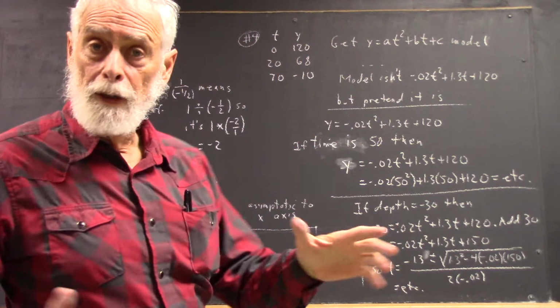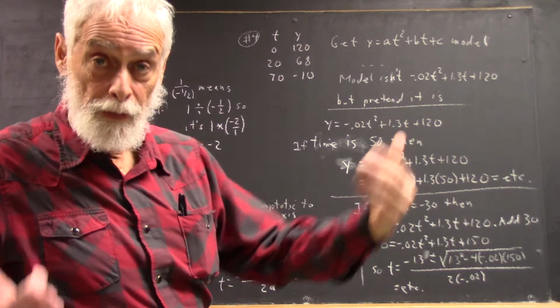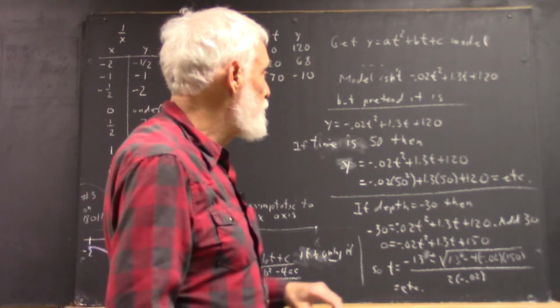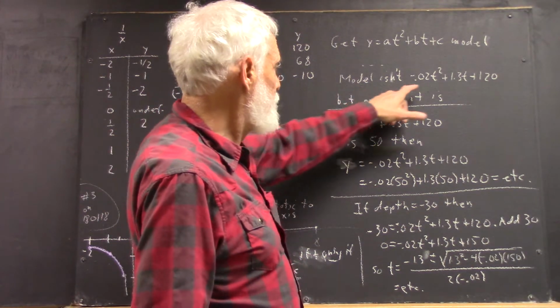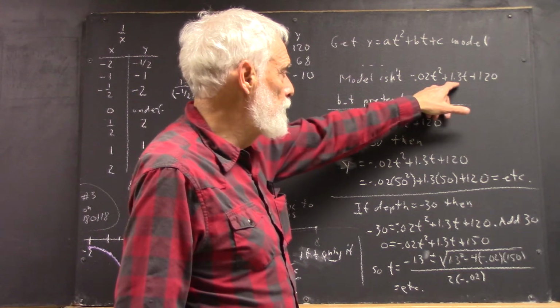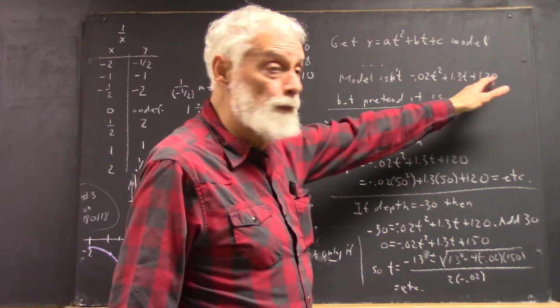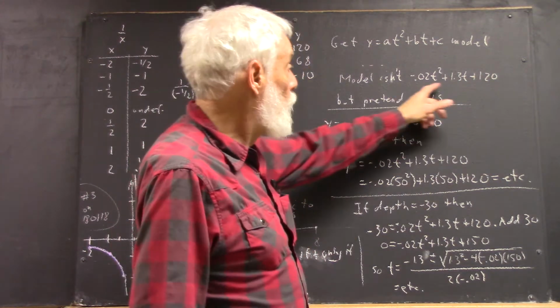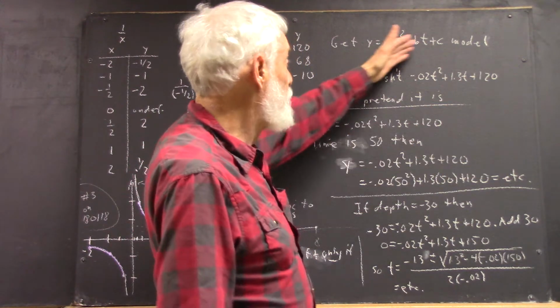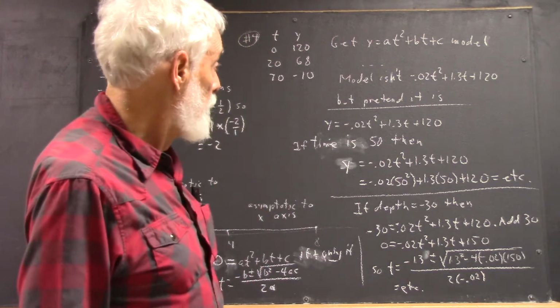Now I want to illustrate how you can answer some of the questions that follow on number 4. So I'm going to say, well, the model we get is negative 0.02 t squared plus 1.3 t plus 120. It's going to be a function of this nature, and that's a quadratic function, obviously, because this is the form of a quadratic.